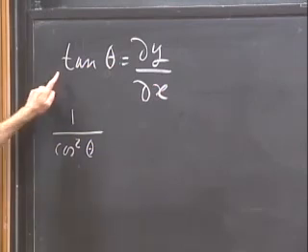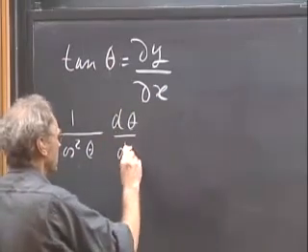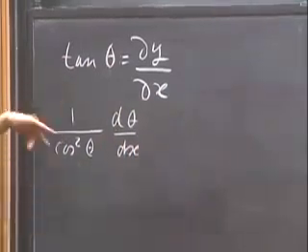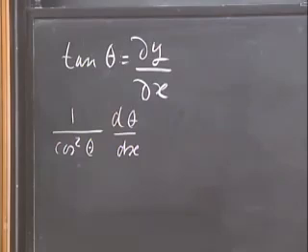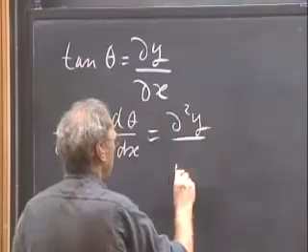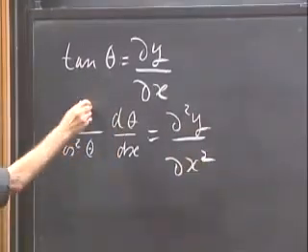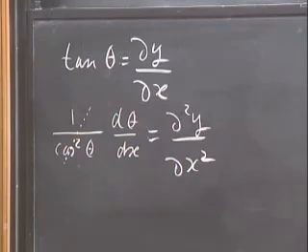So this is the derivative of the function itself. And then, of course, I have to multiply it by d theta dx, because I take the whole function derivative in dx. And so here I get then d2y dx squared. But for small angular approximation, cosine square of theta is 1.